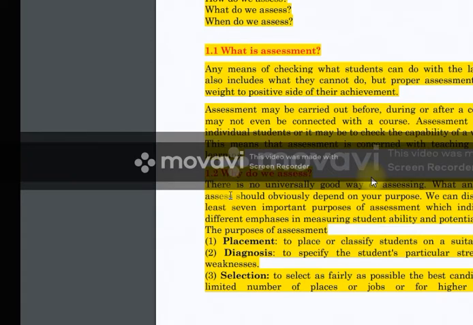To classify the students in their course. Abbas, yes, to classify the students. Classify them to what? On a suitable course. So, okay, why do we need to classify them?